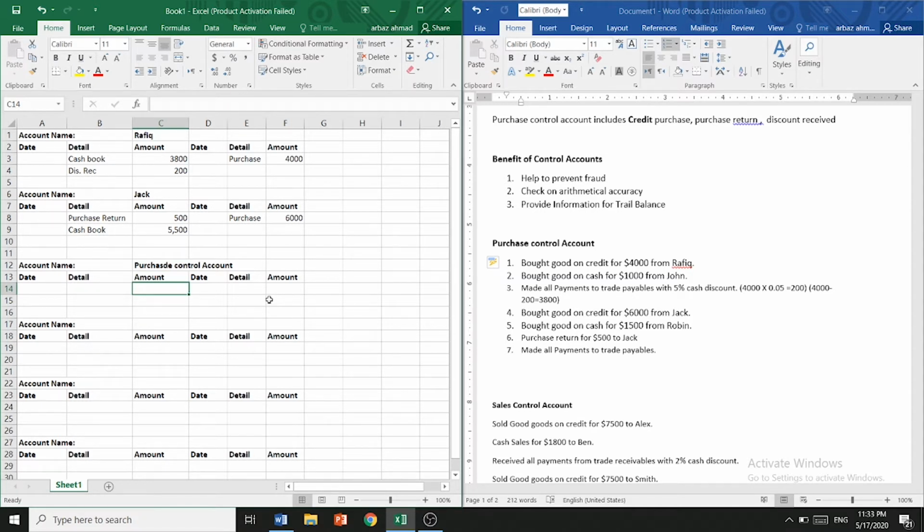So this will have purchase, and then we have purchase on this side. So what we can do is write down here purchase. Or maybe we can have payments also. So let's see, we have payments.